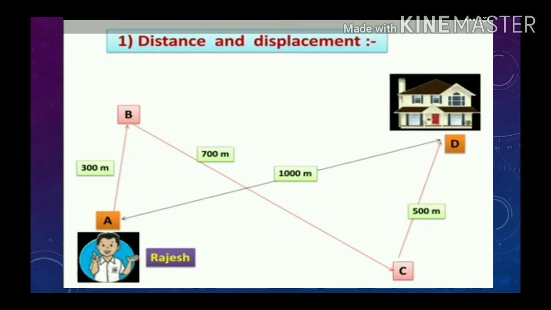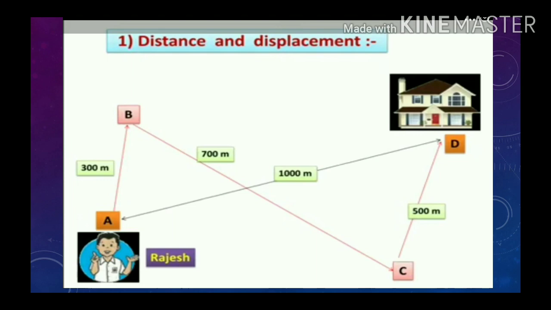The distance traversed by Rajesh is AB plus BC plus CD, that is 300 meter plus 700 meter plus 500 meter. So the total distance traversed by Rajesh in this case is 1500 meter.